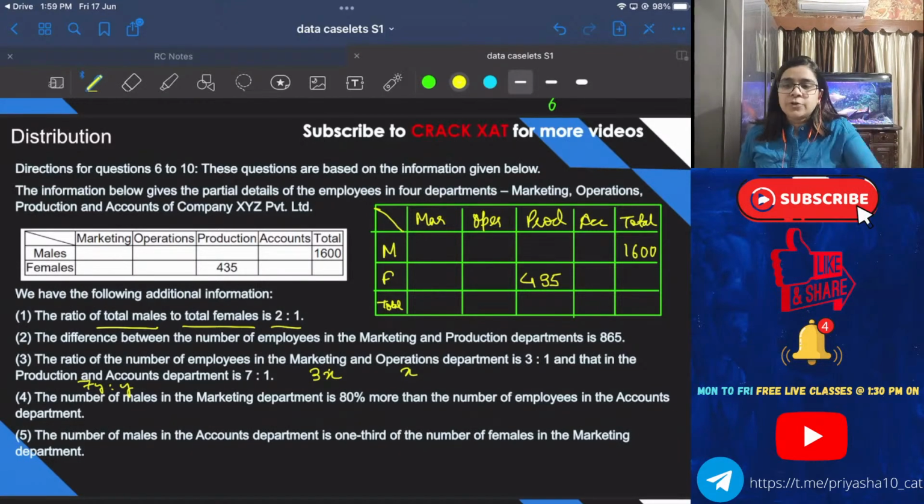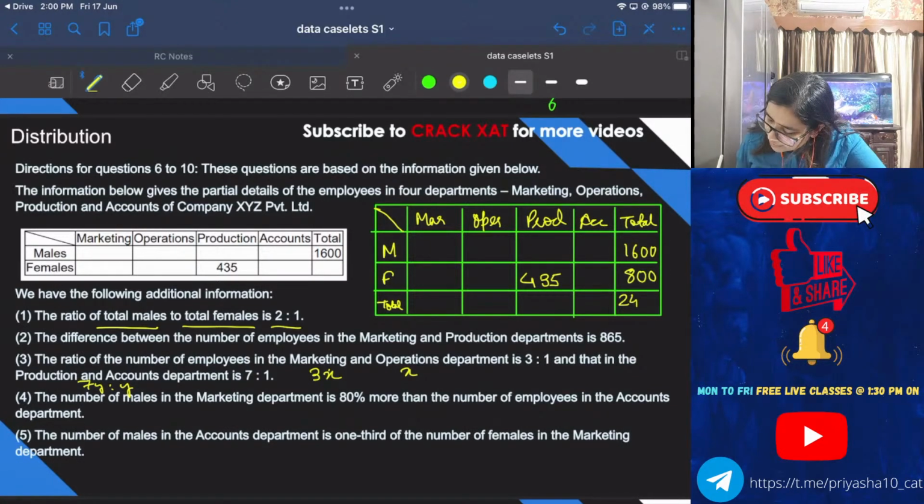I'll just guide you. 800. Thank you, Setu. So if 1600 people are male, 800 people are female. So the total number of people in the entire company XYZ is 1600 plus 800, which equals 2400 people. Correct? You all do the calculation.